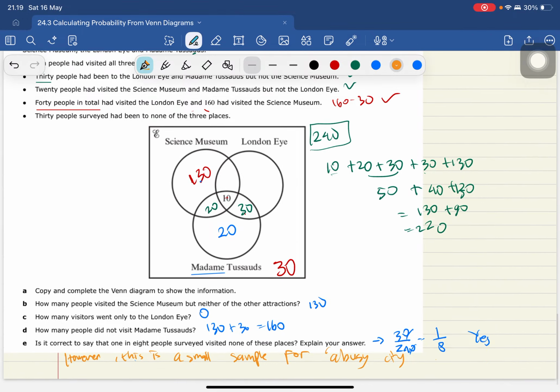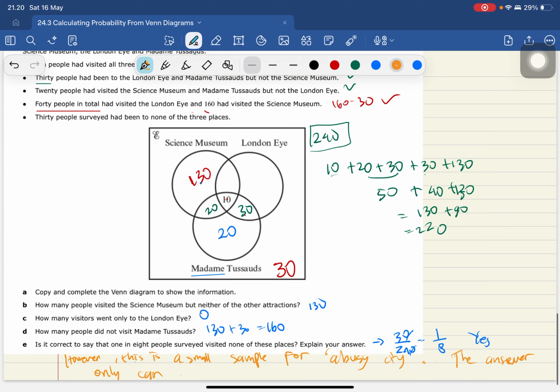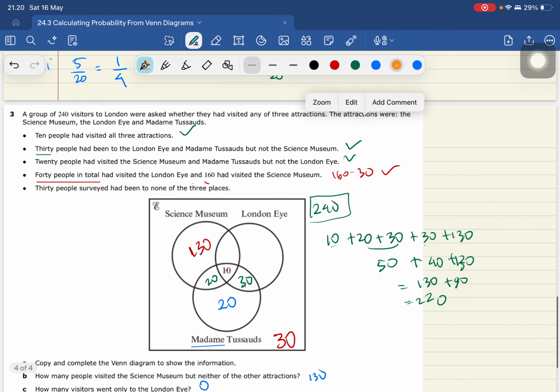And also the answer can only apply to this group and not to tourists as a whole or other tourists. This is only for this group, 240 visitors. There it is. Thank you.